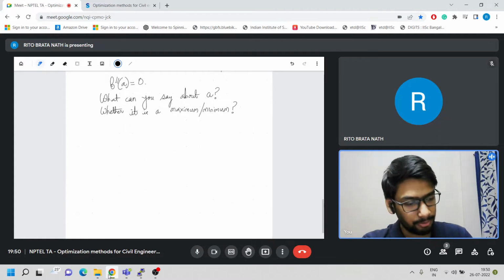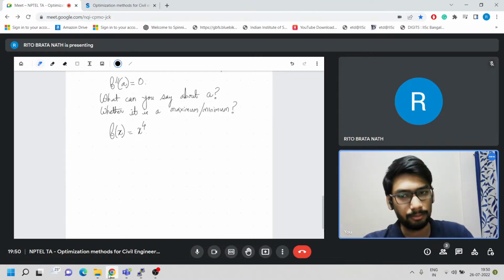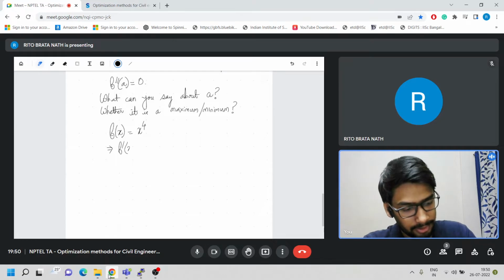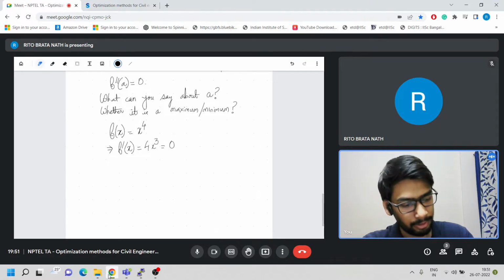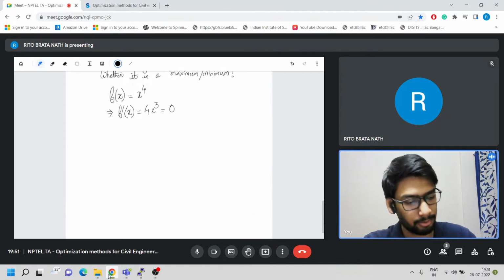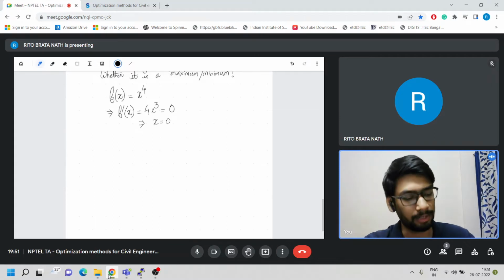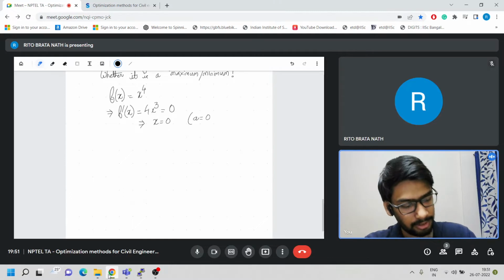Suppose I give you this function f(x) equals x to the power 4. If we take the first derivative, it gives you 4x cubed equals to 0. To find the stationary point, that gives x equals to 0, so here a equals to 0.